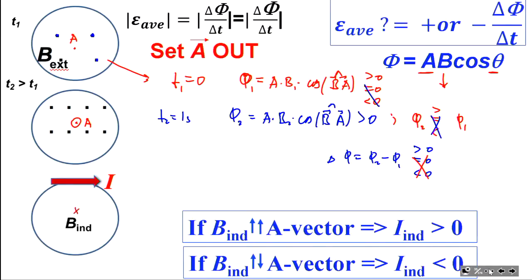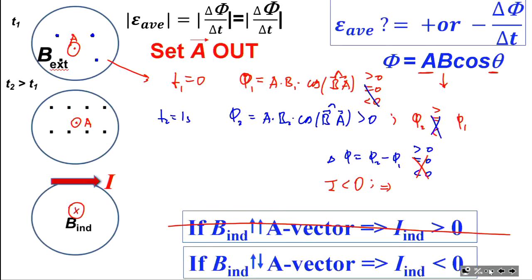Now we should look at the induced magnetic field. We already know it's into the screen. But we set the area vector out according to our rule. What should we choose? The first situation or the second? The second, opposite to each other. So the electric current is supposed to be set to be negative.